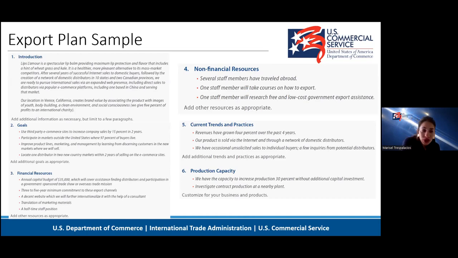Your financial resources. What budget are you going to allocate for these export goals of yours? Translation of marketing materials. That's a cost that you have to factor into your plan. A website. Sometimes you will really have to make slight, cost-free modifications, or it will take modifications to your website, right?